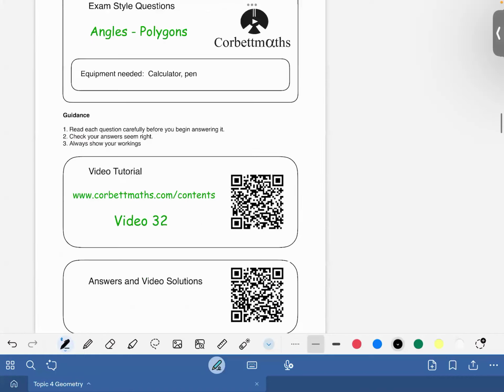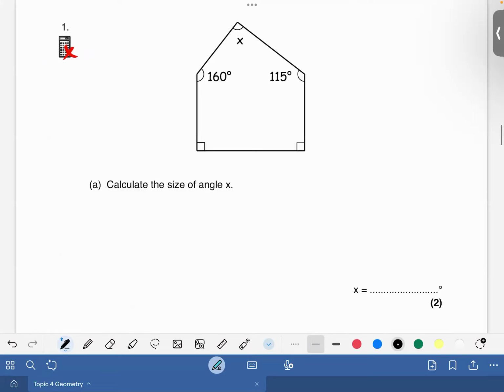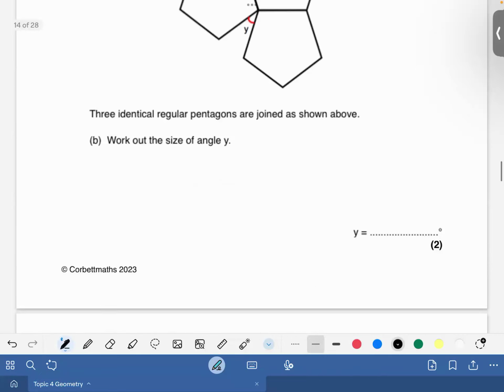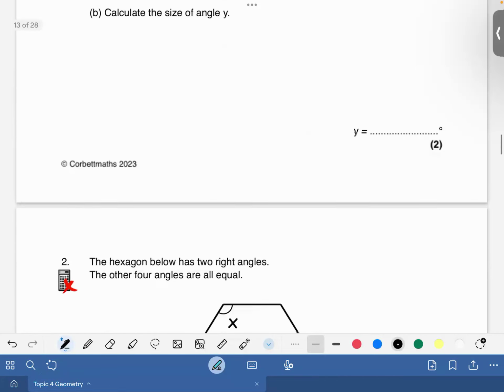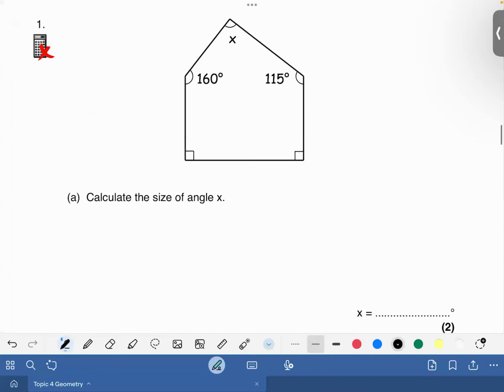Please pay attention, everybody. Look at question number 1. It says calculate the size of angle X. I can see the shape, and I have to count the sides, so n equals 5.